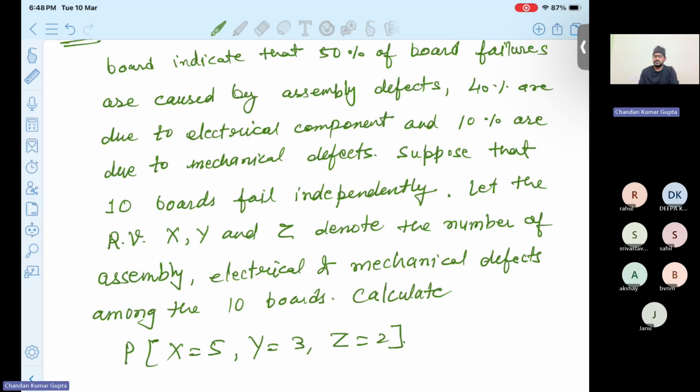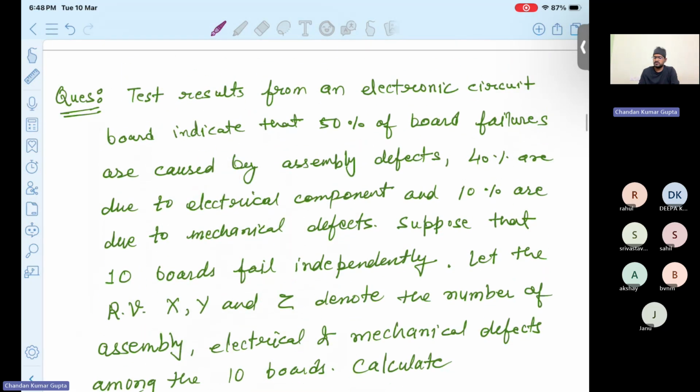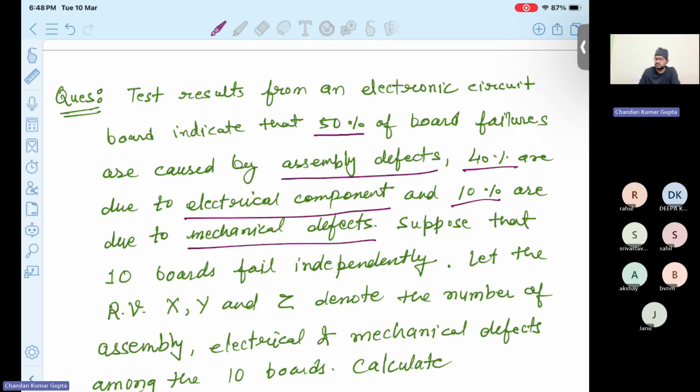Okay, so let me repeat the question again. We are given in an electric circuit board, 50% failure occurs due to assembly defect, 40% due to electrical component, and 10% due to mechanical defect. These are the information we are given.